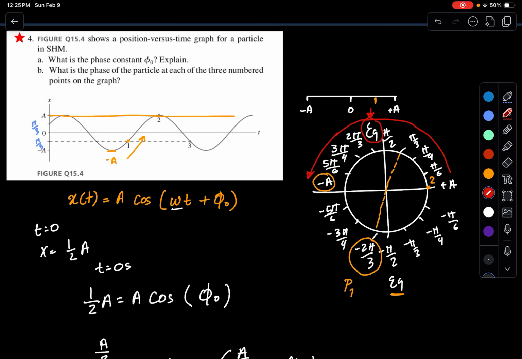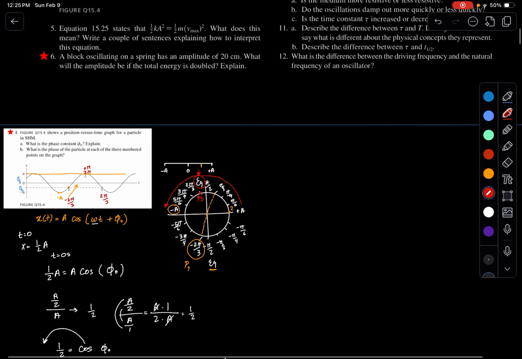So we are at this point, point 3. We are at 2 pi over 3. Here is 0 pi or 2 pi, and here is negative 2 pi over 3. Thanks for listening.